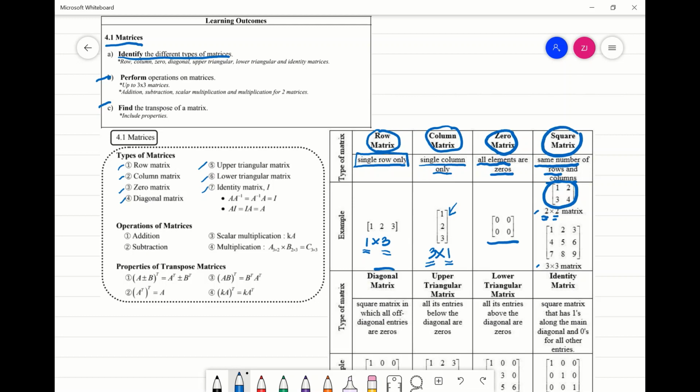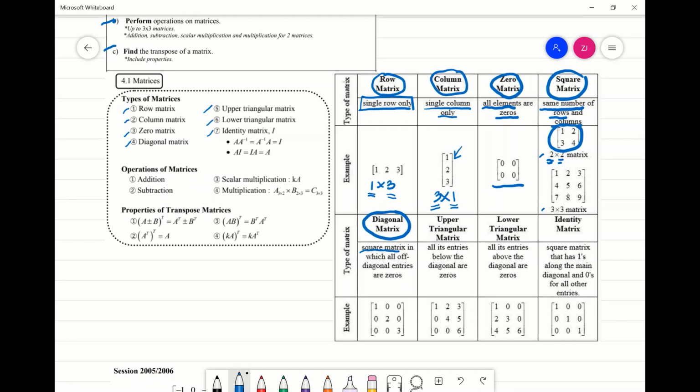Next, what about the diagonal matrix? A diagonal matrix is a square matrix, again recalling the same number of rows and columns, in which all off diagonal entries are zeros. So what is the diagonal? The diagonal is this: we join the corner of this matrix to this corner. These are what we call the diagonal elements. The numbers here in the diagonal part, 1, 2, 3, are the elements in the diagonal entries.